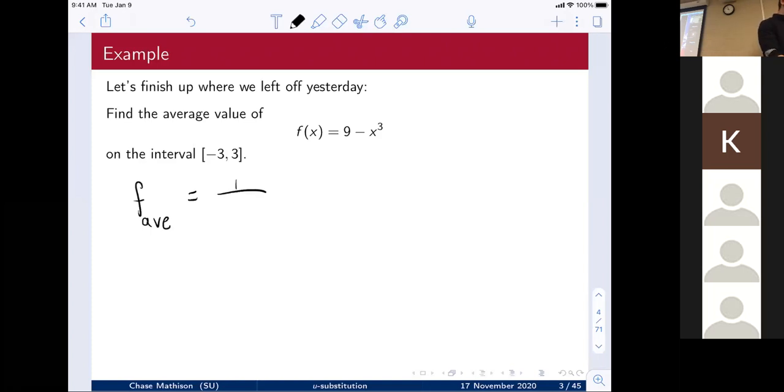1 over b minus a, and b is +3, a is -3, so 3 minus -3. Good start. Times what? -3 to 3, good.